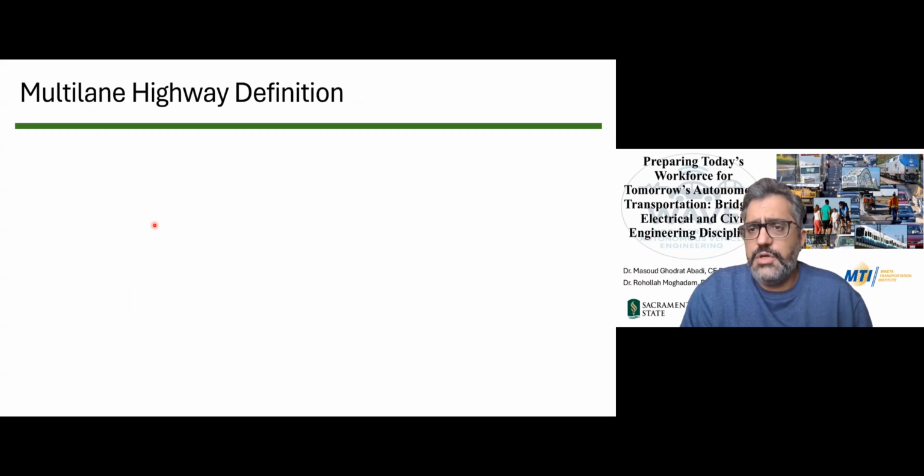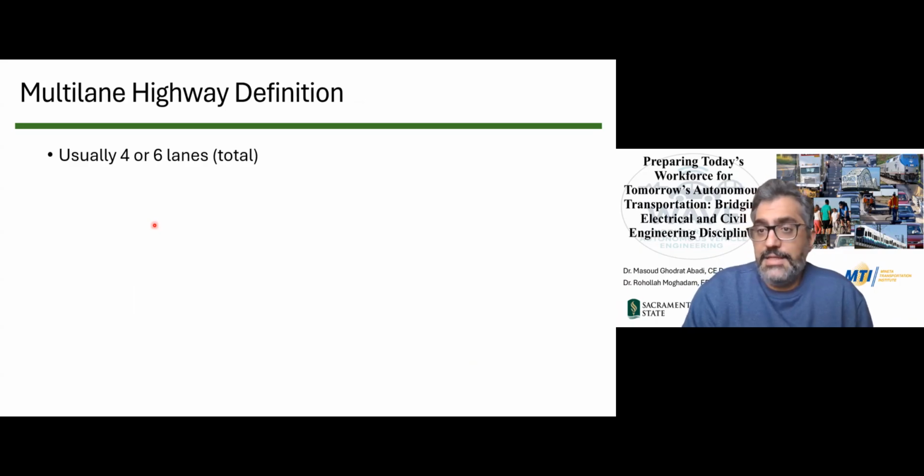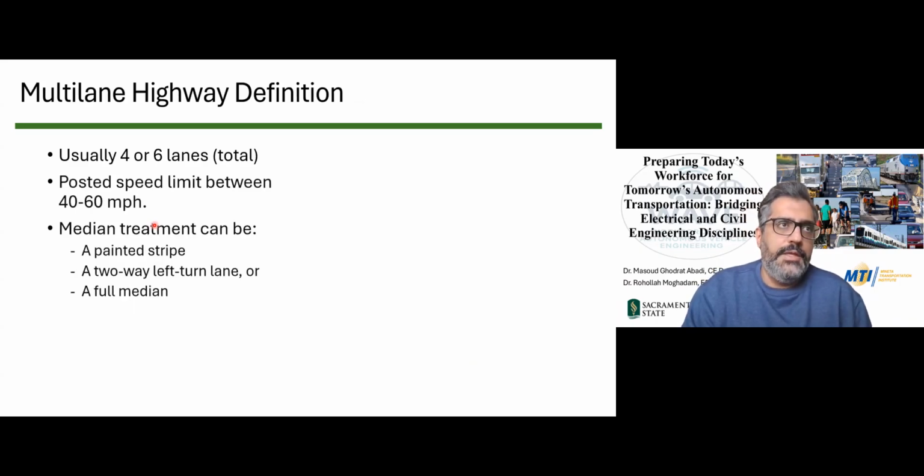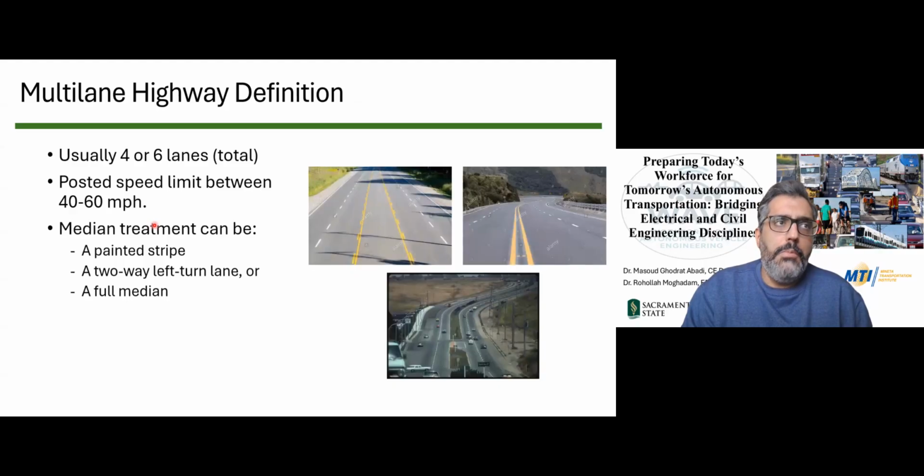Next thing I want to talk about is level of service for multilane highways. But how are multilane highways different from freeways? That is, again, the technical part. As you can see, we are usually talking about a smaller number of lanes. I wouldn't see a 10-lane facility as a multilane highway.